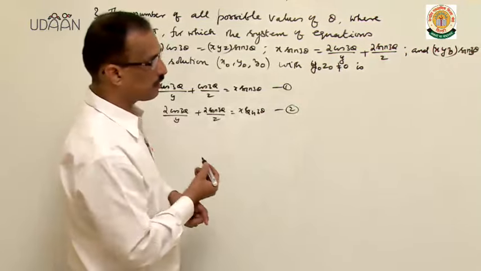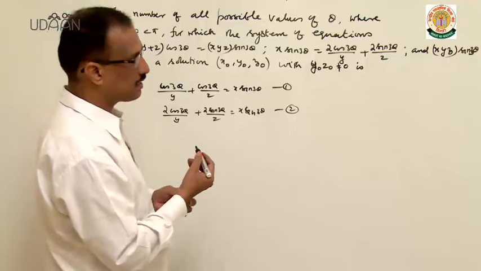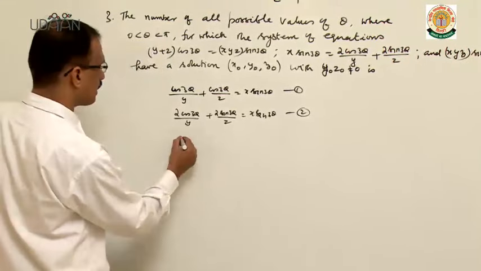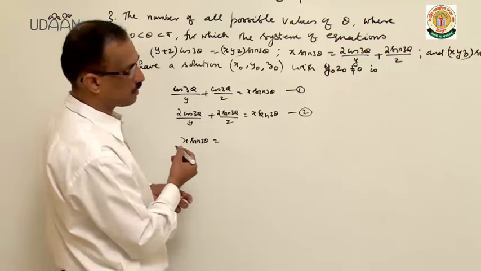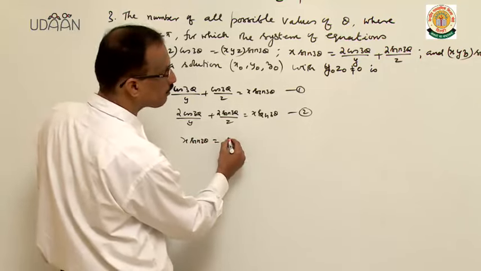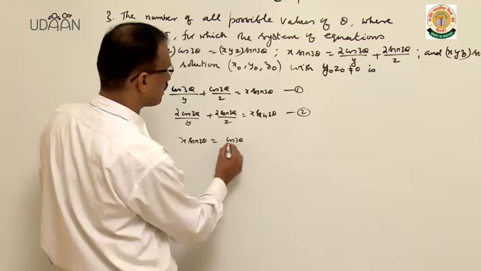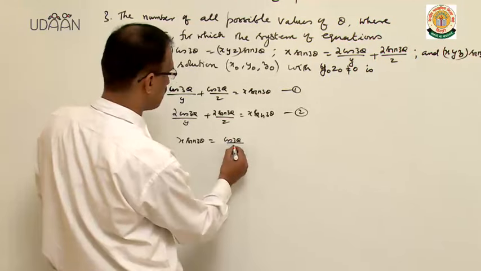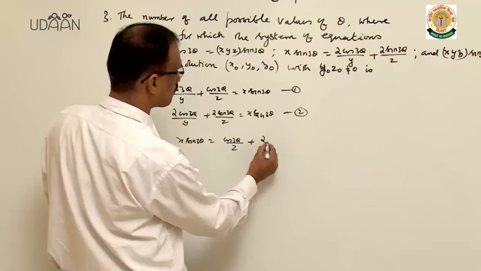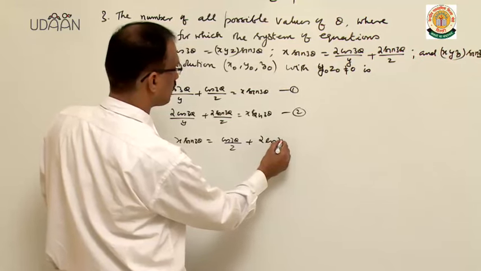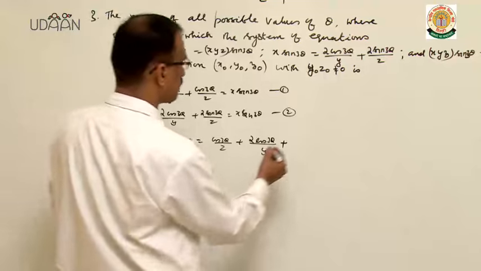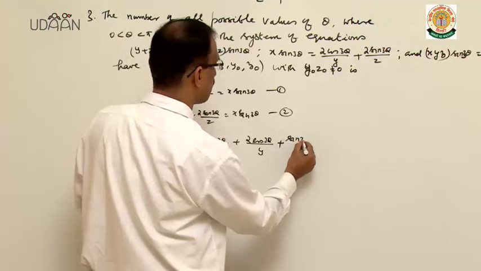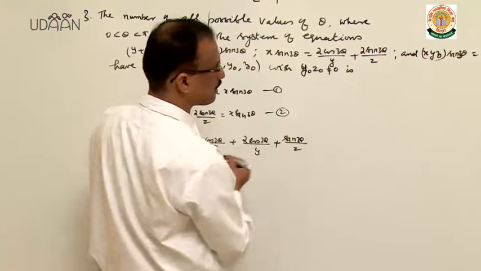And the third one, if you divide by yz, you get x sin 3 theta equals cos 3 theta by z plus 2 cos 3 theta by y plus sin 3 theta by z.